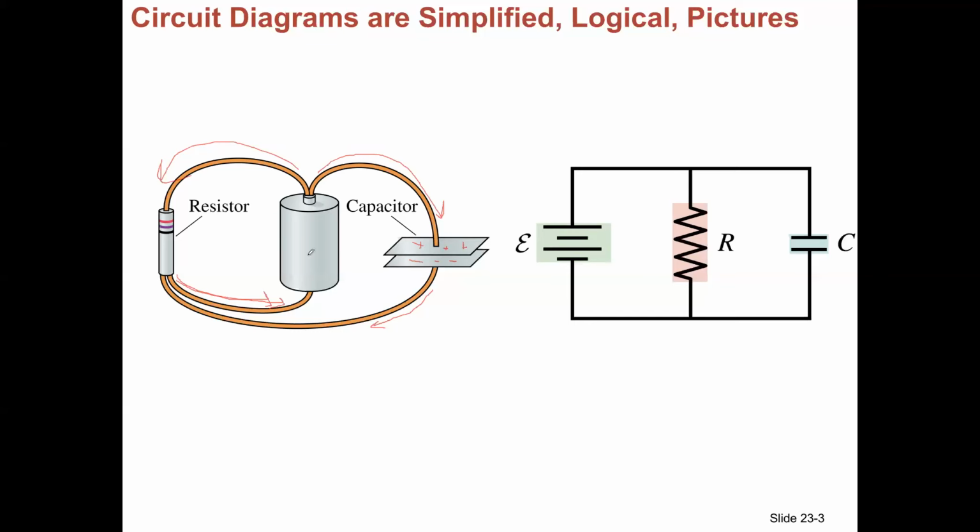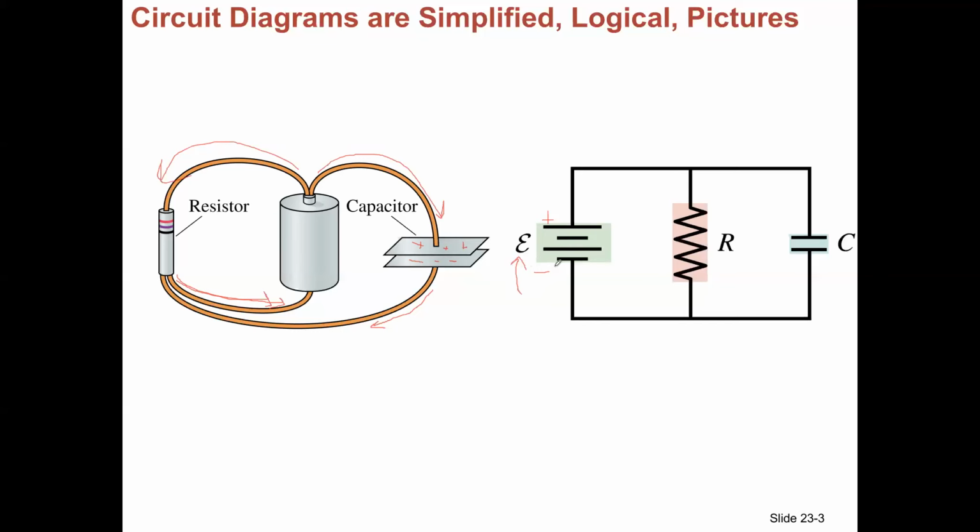To clean up this diagram, we would draw it like this. So the battery is always over to the left. And the voltage difference on the battery is always written as a curly letter E like this.